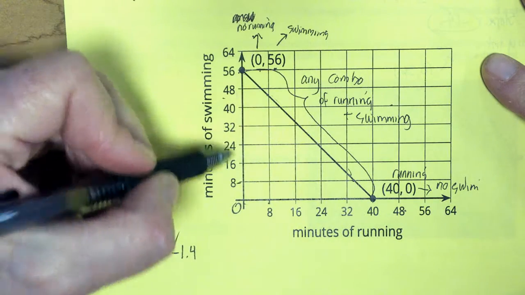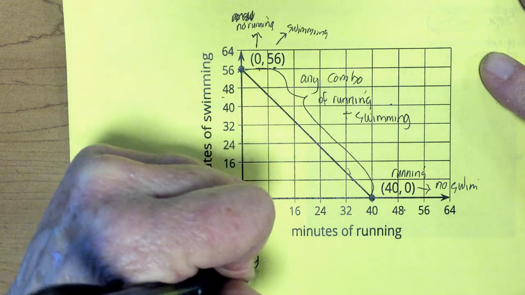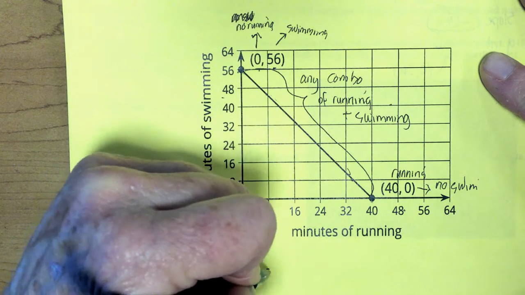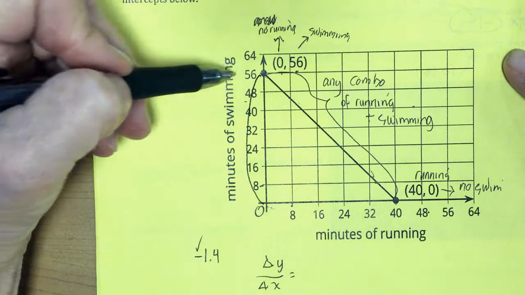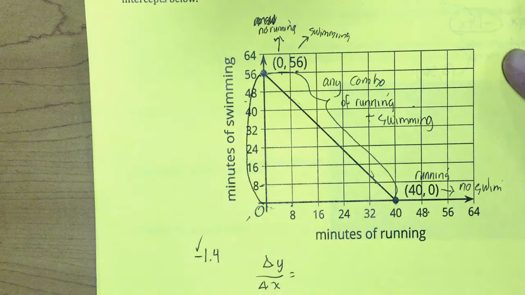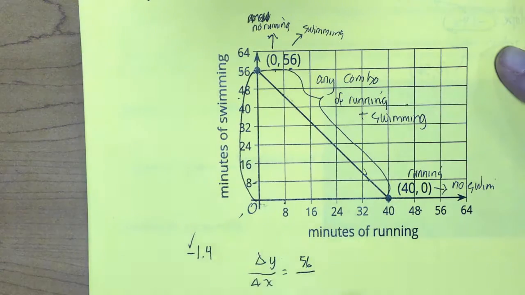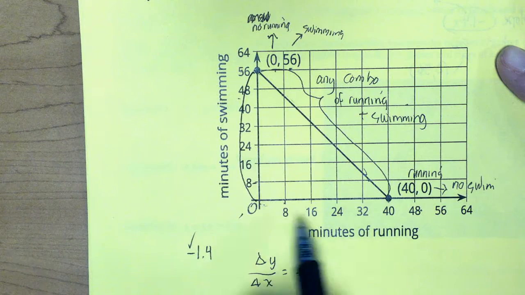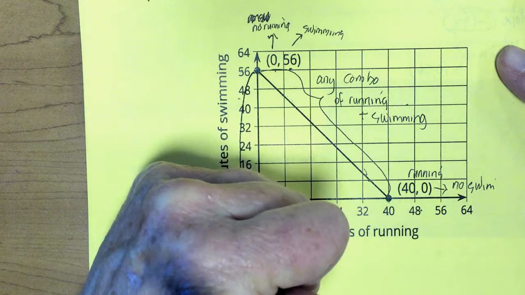So let's find the change in y over the change in x, because remember we said delta y over delta x is the slope. So let's look at the change. I'm going to go from 56 down to 0, so that changes 56, negative. And now let's do the change in x. I go from 0 to 40. That's 40.